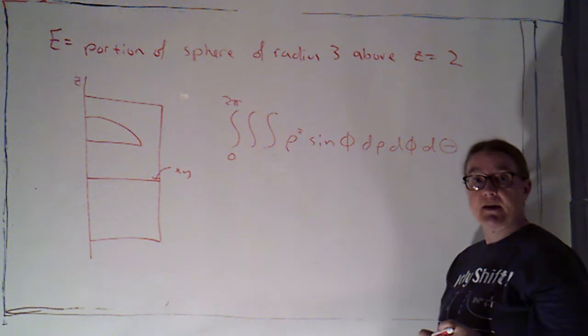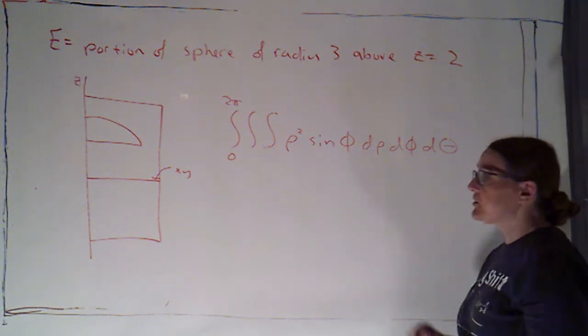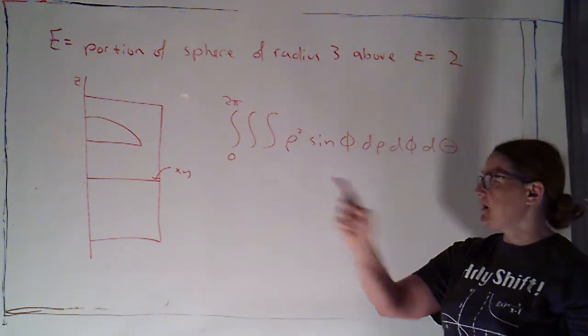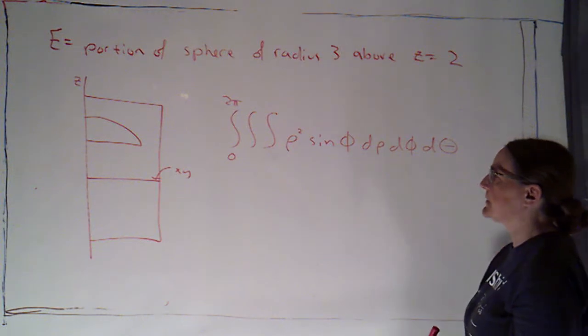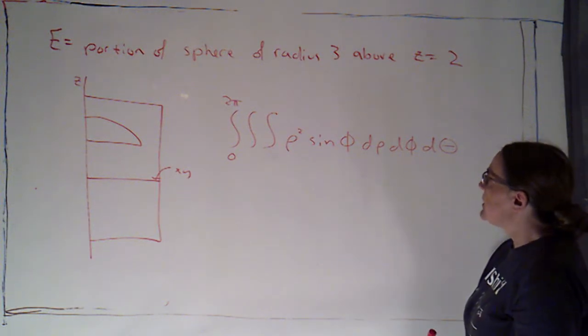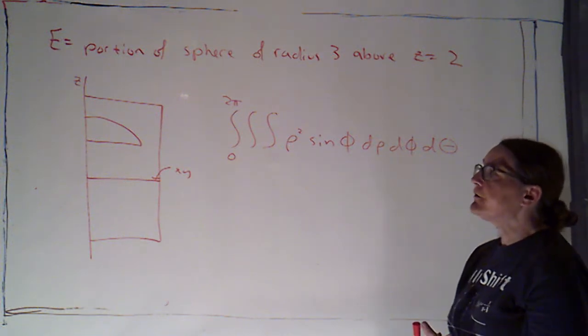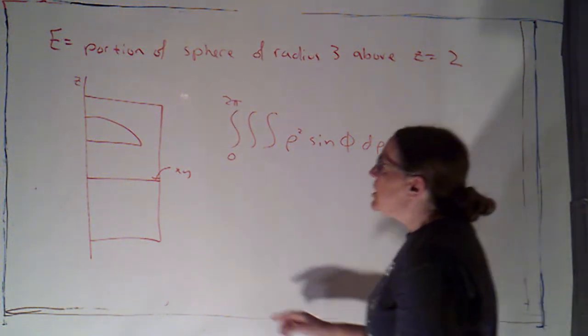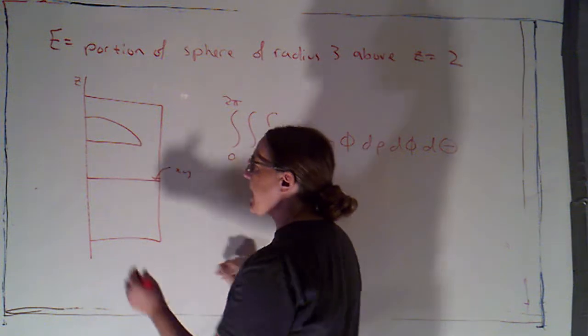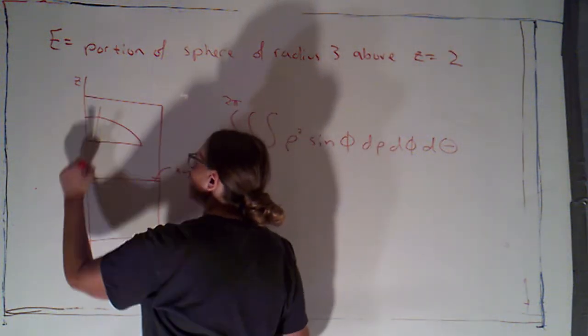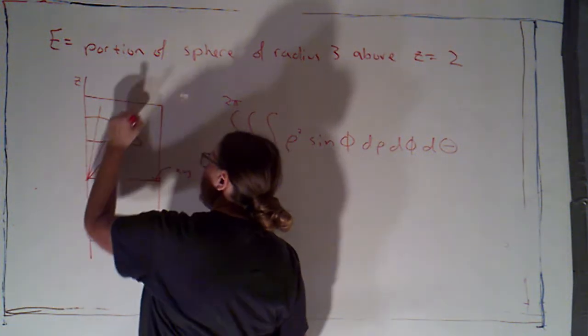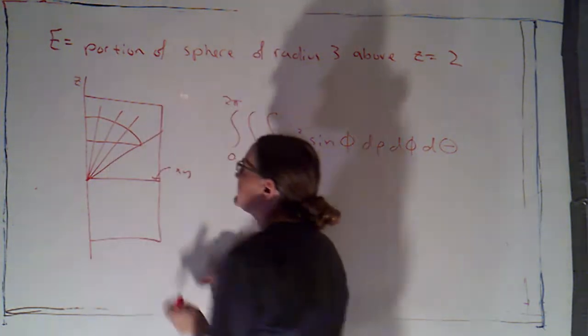That's the same as what it was in my cylindrical coordinates, and we've got the same thing going all the way around. But what I need to do is figure out my limits of integration for rho and for phi. So if I take a look at what I have here, I'm just going to draw in some constant phi rays.